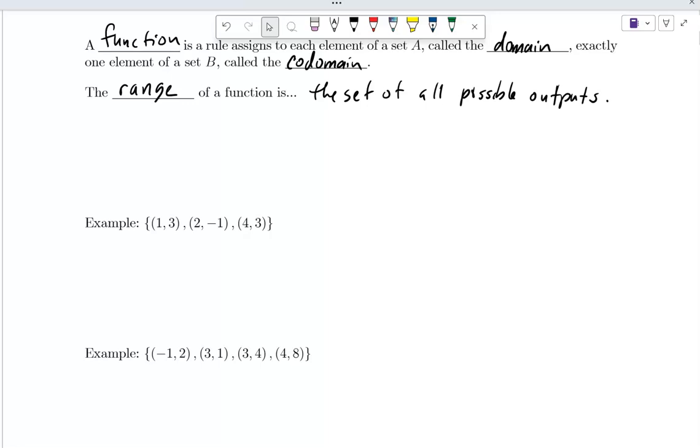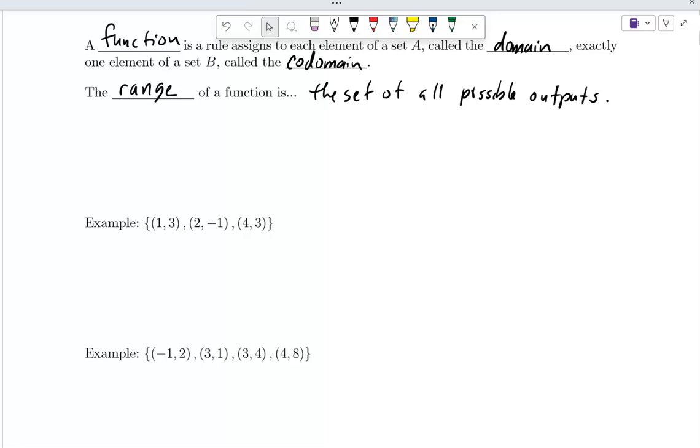It's exactly what we have here. So the first coordinate in your ordered pair represents the input. The second coordinate represents the output. Okay? So for this particular function, when you plug in 1, you get out 3. When you plug in 2, you get out -1. When you plug in 4, you get out 3. That's what that says.